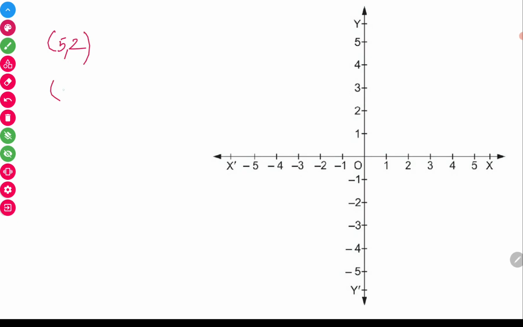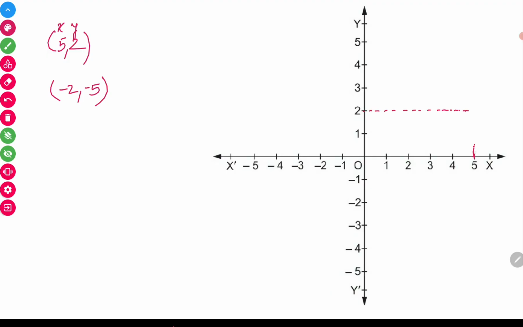Second one is -2, -5. So in the first coordinate, x is 5 and y is 2. So x is 5 at this point, and y is 2 at this point.